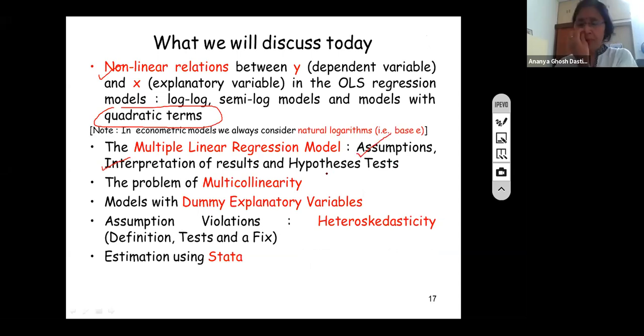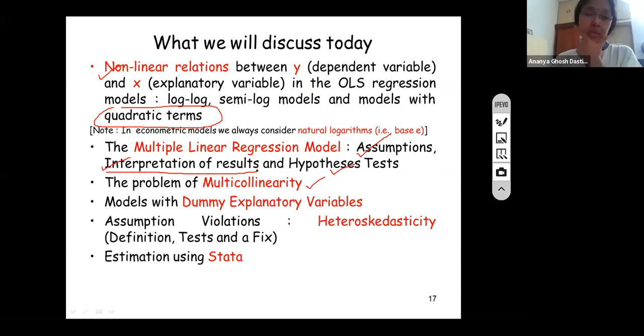We'll keep on looking at hypothesis tests as we carry on. We looked at the problem of multicollinearity. Here, let me reiterate that so far as interpretation of results in the multiple linear regression model is concerned, the most important thing is the ceteris paribus, holding other things constant.